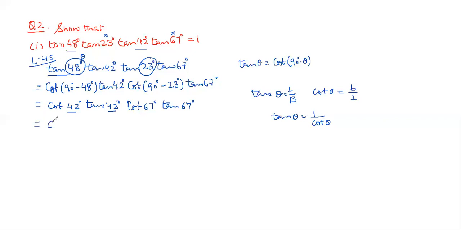So this is cot 42 degrees, this is cot theta, and this is tan theta, which can be written as 1 upon cot 42 degrees.